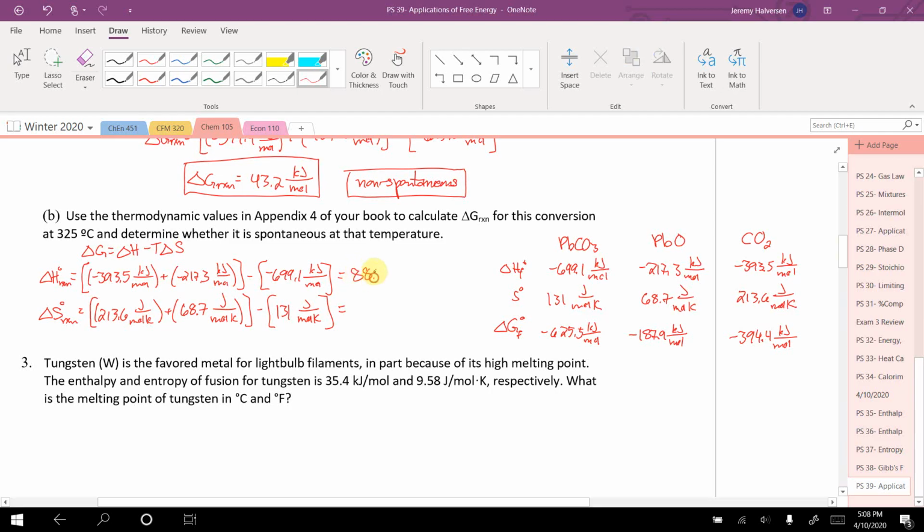I get 88.3 kilojoules per mole for the delta H of the reaction.